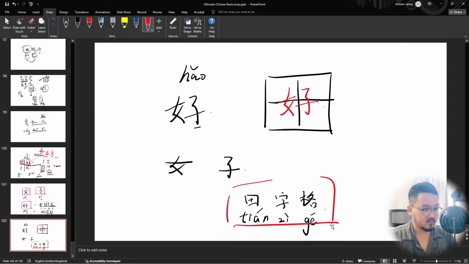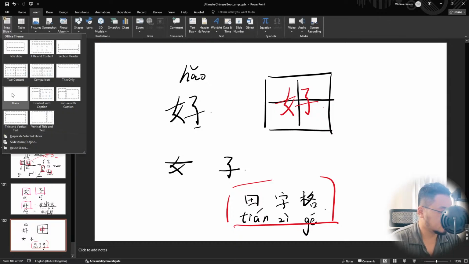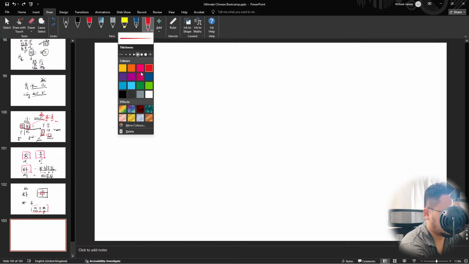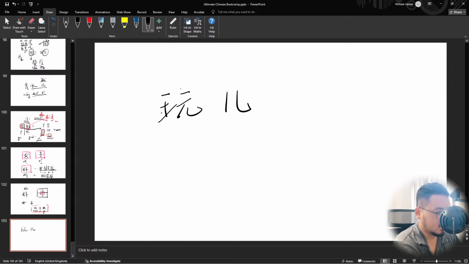So we talk about our 话音, we can say, let me choose a different color. I don't want to use the red. 玩, wán.